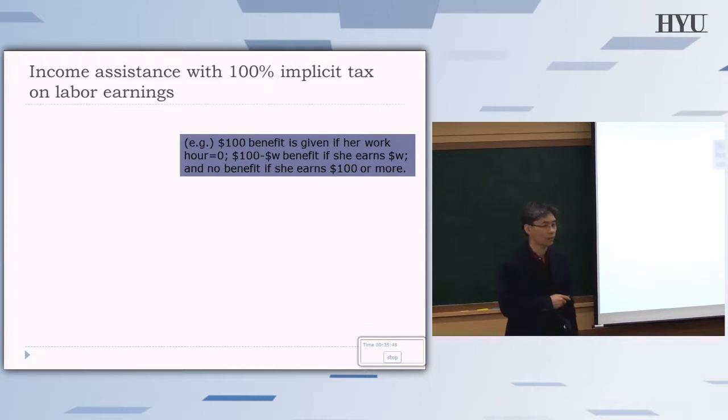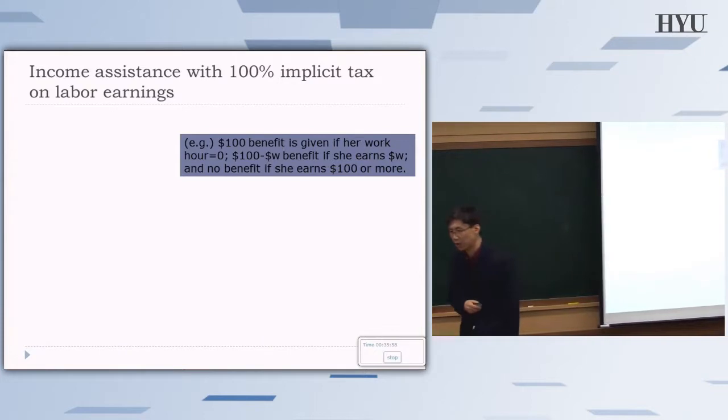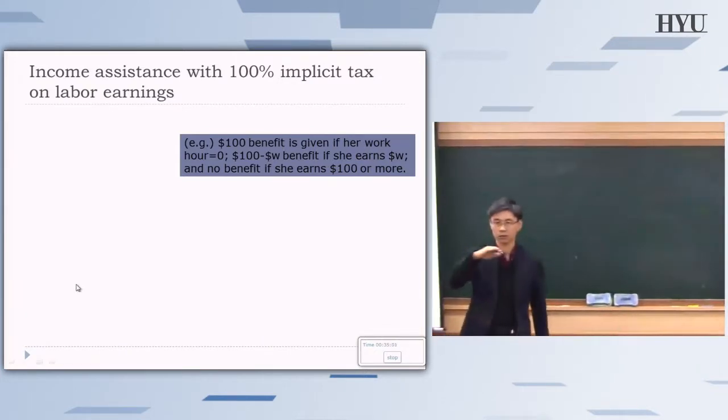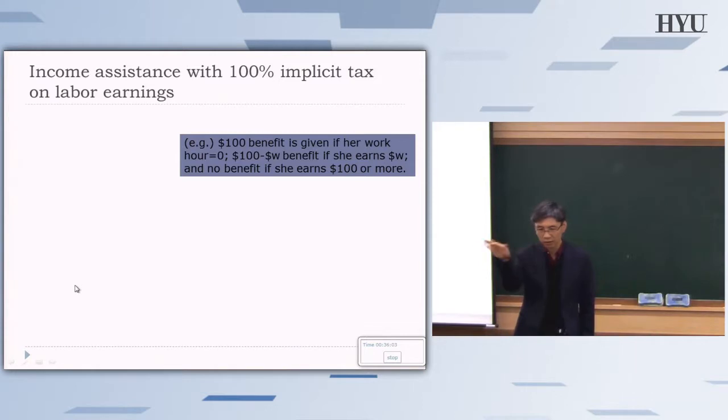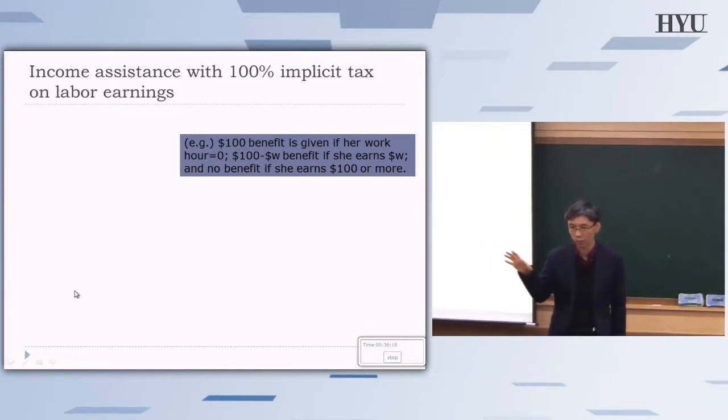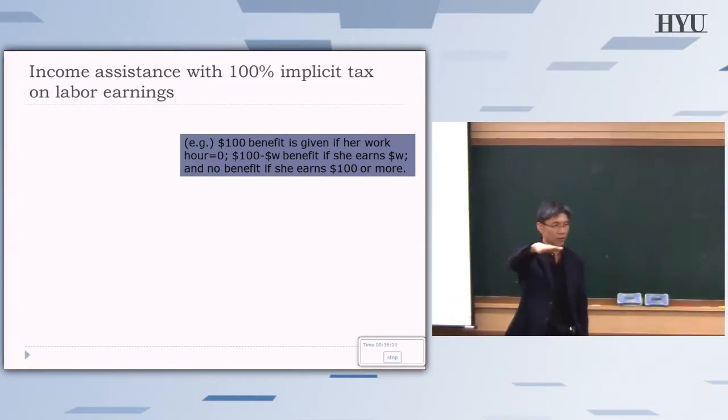If she makes 70, we give her 30. If she makes 20, we give her 80. That makes sense. So at any income level of her own, she can spend $100 at least, right? And if she earns more than 100, the government does not give anything. Her income is high enough; $100 is a threshold.